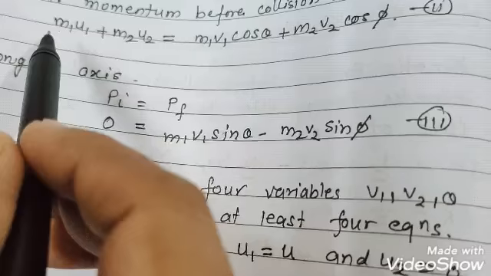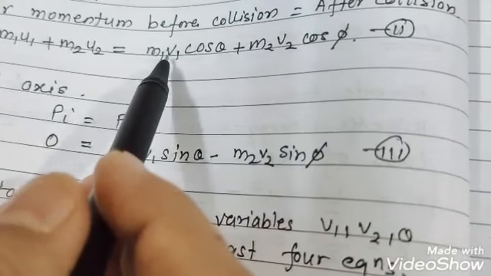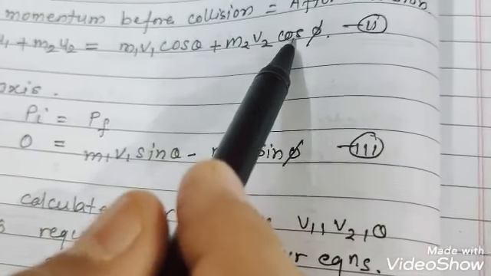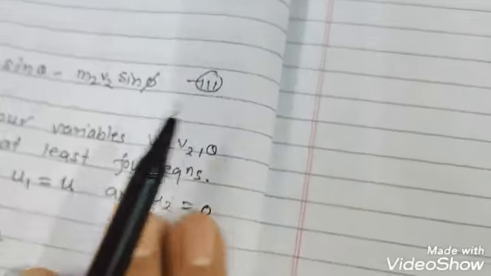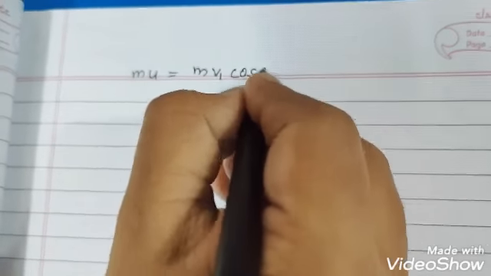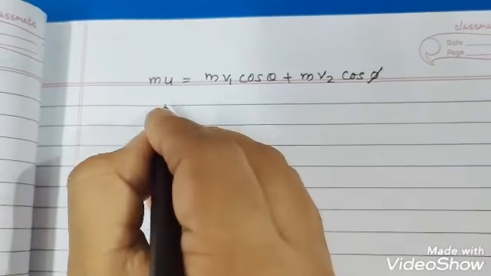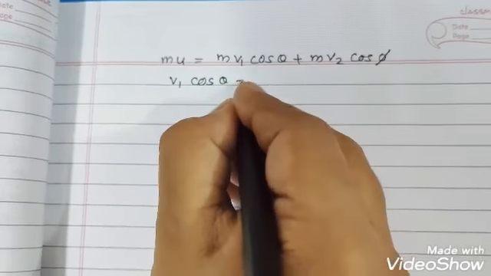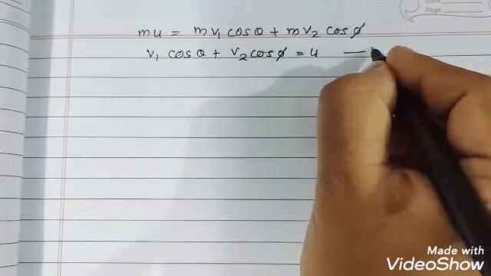This will be equal to m v1 cos theta plus m v2 cos phi. We can take m common and cancel out, so v1 cos theta plus v2 cos phi is equal to u, and this is our equation 5.